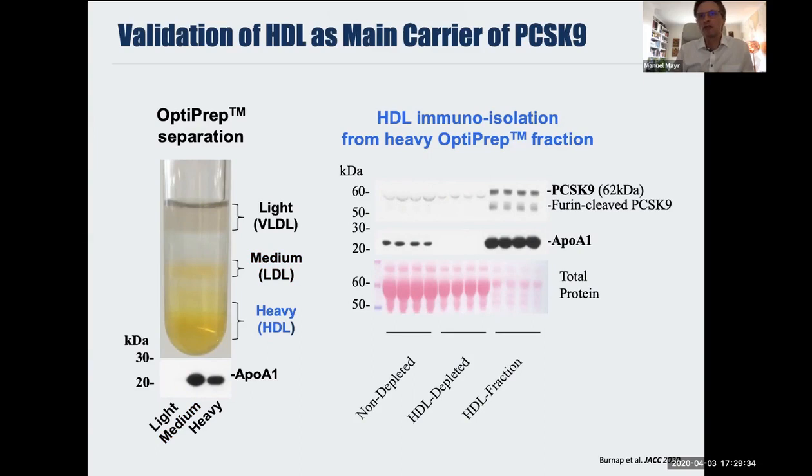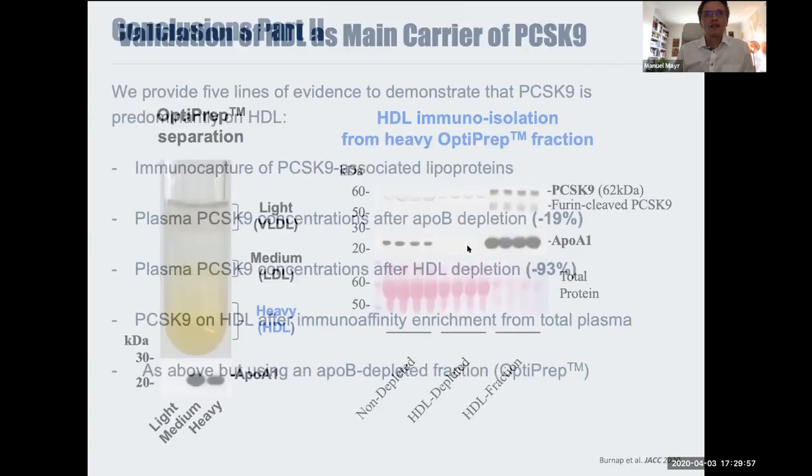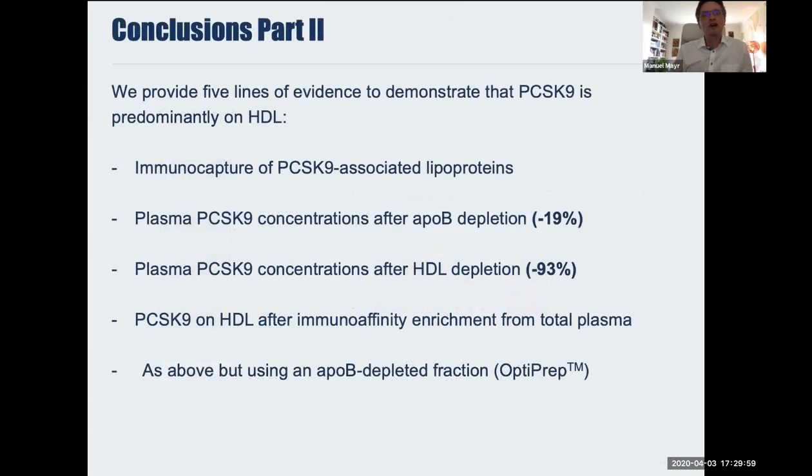We again performed the HDL immunoisolation, but now not from total plasma, only this heavy fraction. And we can nicely recapitulate our finding that again, PCSK9, as well as the furin cleaved form of PCSK9, is present in the ApoA1 containing fraction, and very little of it is found in the fraction that is depleted of HDL particles.